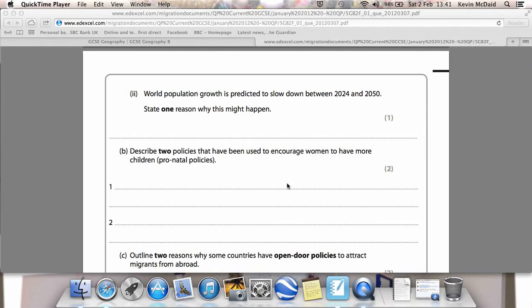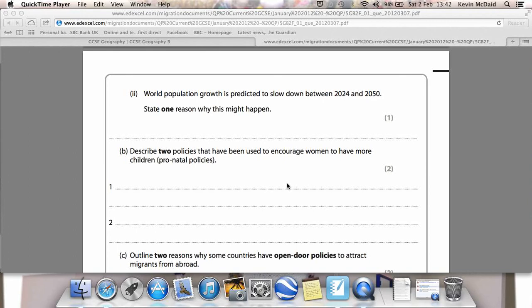So, describe 2 policies that have been used to encourage women to have more children. An example of this could be in Japan, where the government has offered particular incentives to get women to have more children: giving them money, making sure the child has a good education, making sure the child has a good opportunity to get a good job afterwards.